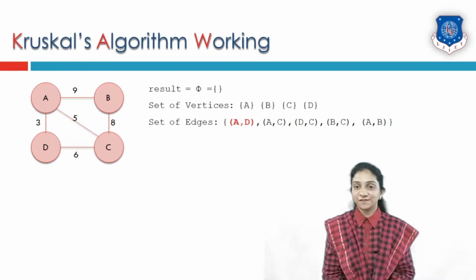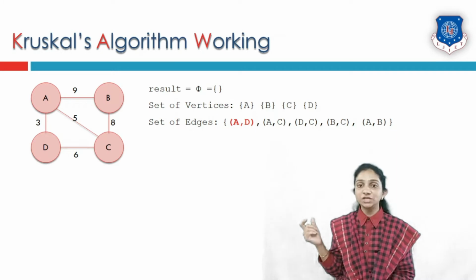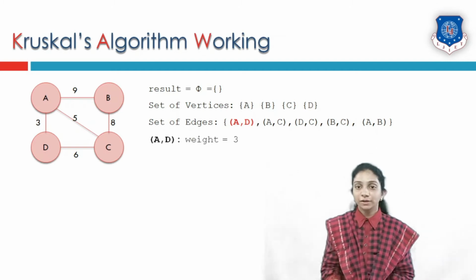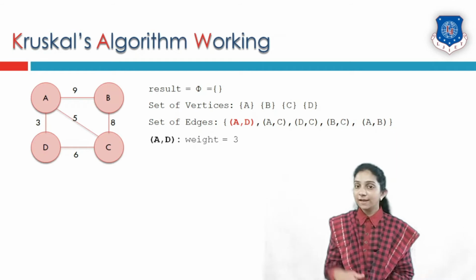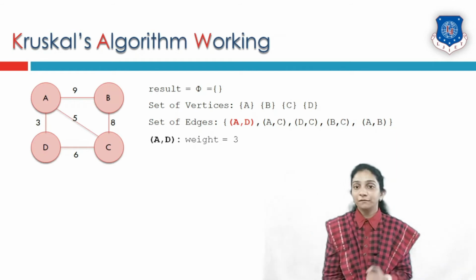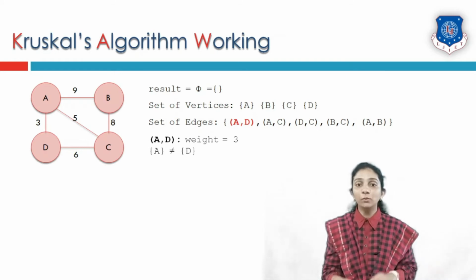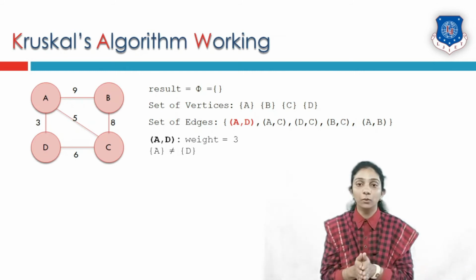The fourth step says that you have to consider an edge from the set. That is, we will first take edge A, D, which has weight 3. We can see the weight of the edge from the graph itself. First we have to check whether the vertex sets of vertex A and vertex D are equal or not.